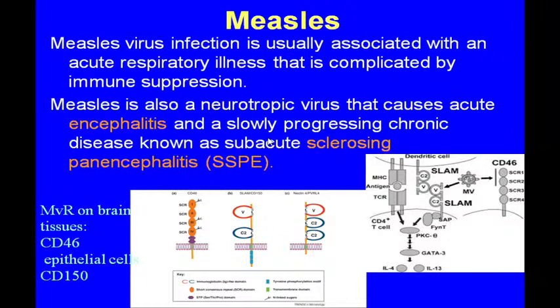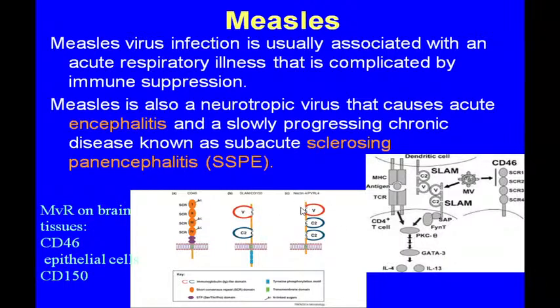Many years later, this infection may result in so-called slow progressing chronic disease called subacute sclerosing panencephalitis, SSPE. And here we can see the main receptors that are found for measles virus. So CD46 and CD150 are epithelial cell receptors. But then we also have a measles virus receptor on the brain tissues.